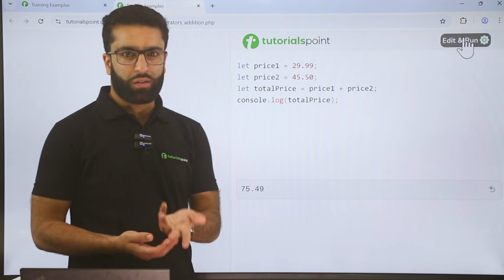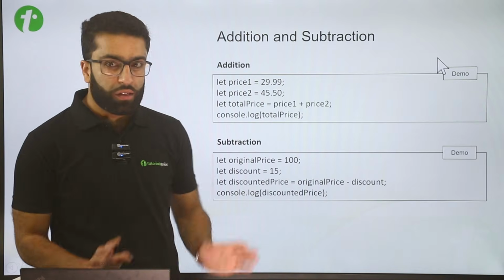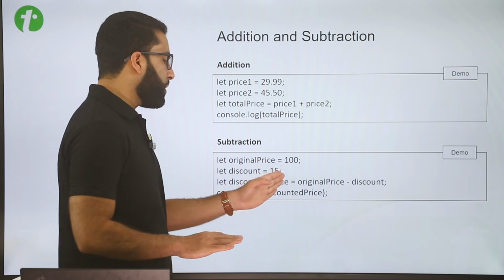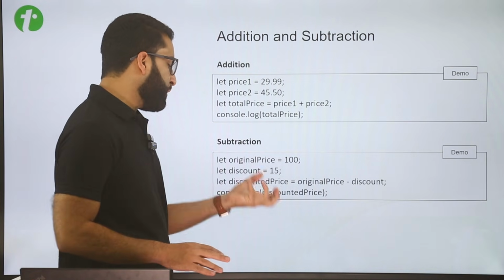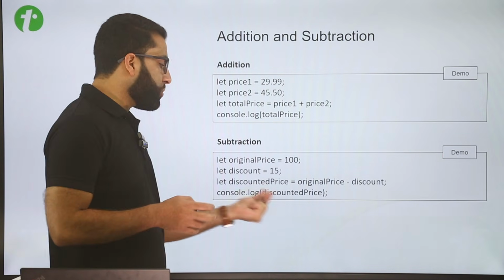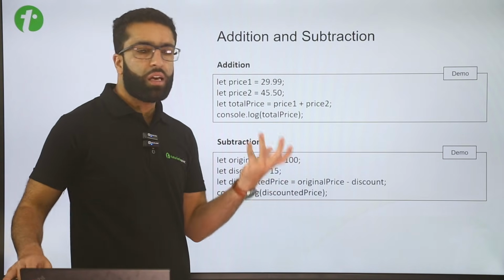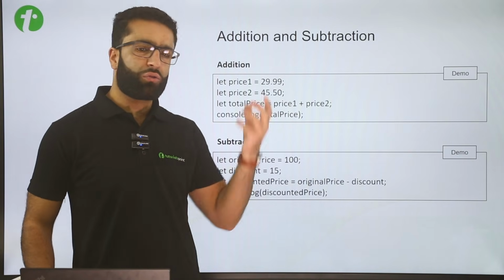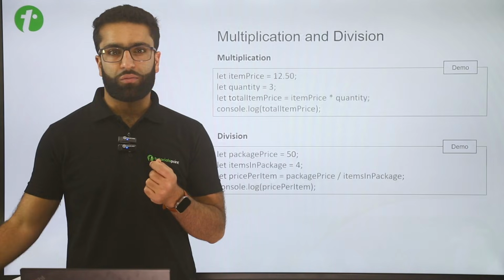So basic addition, right? Moving on, we have another example of subtraction, which I already told you, and it's very simple. We have original price of 100, discount of 15, discounted price will be original price minus discount, and then I'm just console.logging or basically printing the discounted price, right? So it's very simple, basic operations of addition and subtraction.